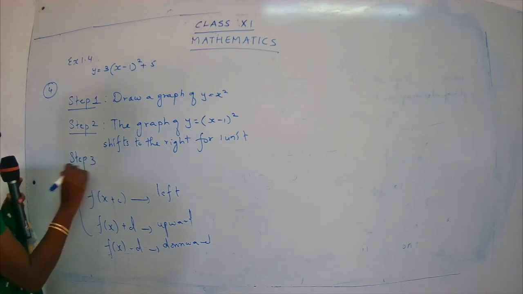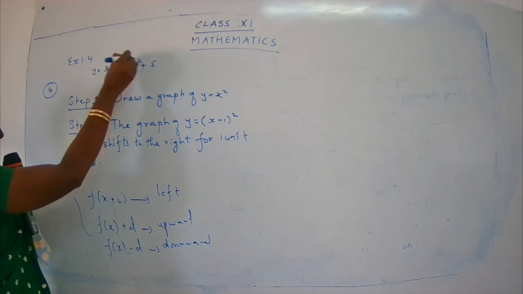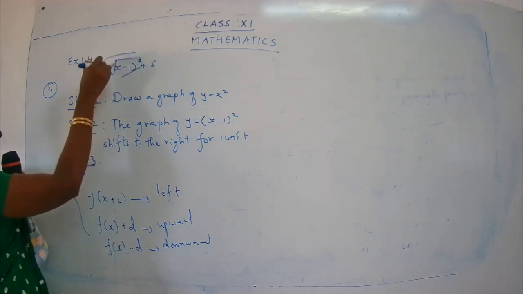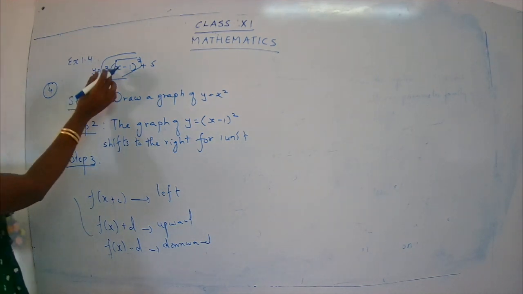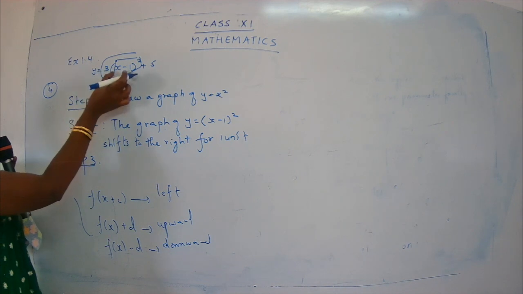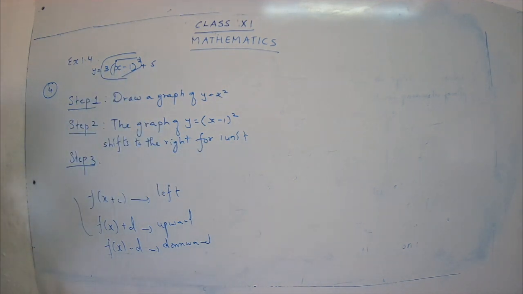Okay, now let's come to the third step. For step 3, I am going to take this part. First I have taken the x minus 1 the whole square part. Now I am going to take these 2 things together, that is 3 into (x minus 1) the whole square. Here 3 is multiplied to (x minus 1) the whole square. That means you have a multiplying factor.